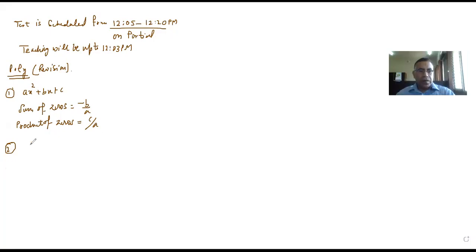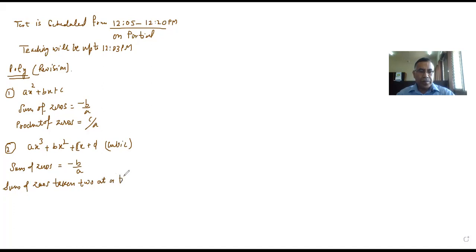Now, if it is ax cube plus bx square plus cx plus d, if this is a cubic polynomial, then sum of zeros is equal to minus b upon a. Sum of zeros taken two at a time is c upon a.